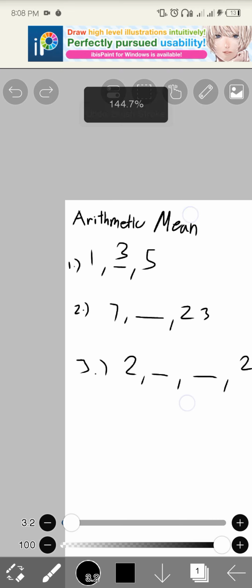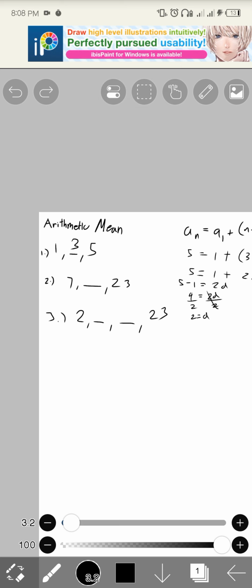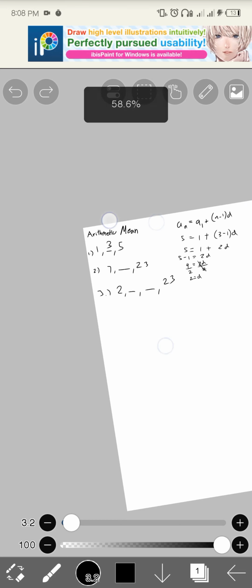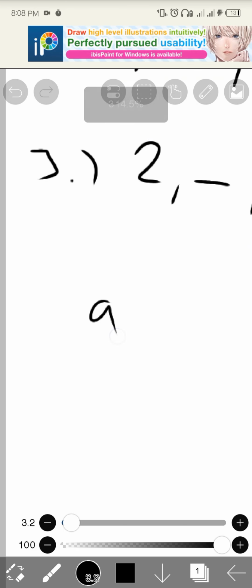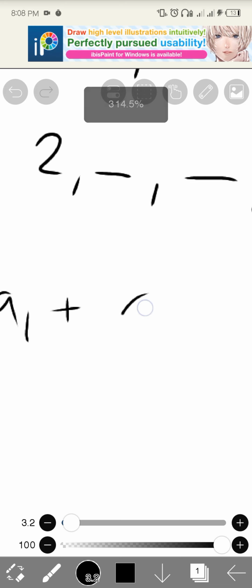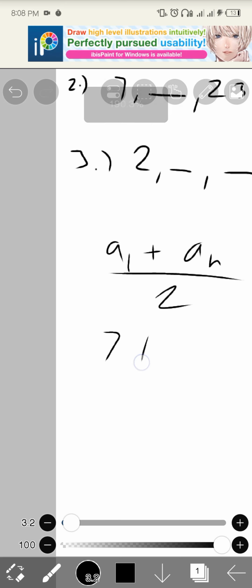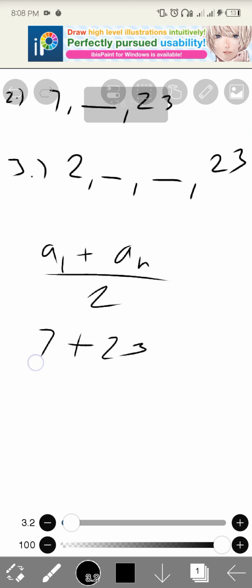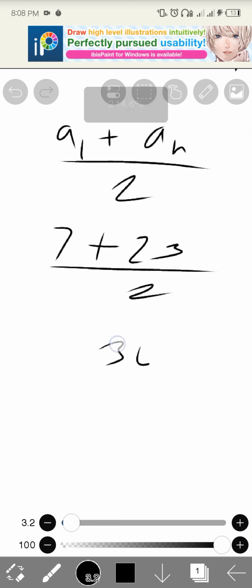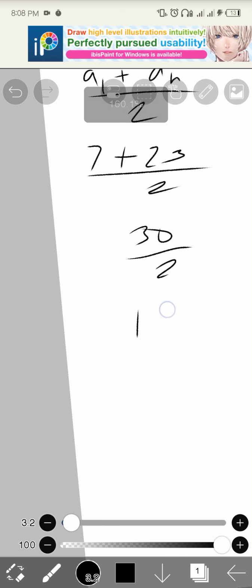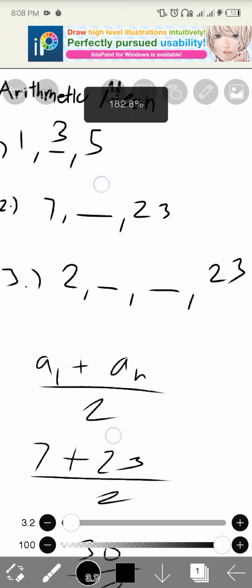Now, in the second one, since it's way more quick and concise, you don't really have any other option than the average formula: a sub 1 plus a sub n over 2. Substitute 7 plus 23 over 2. 7 plus 23 is 30 over 2, which makes it 15. Which means our second term is 15.